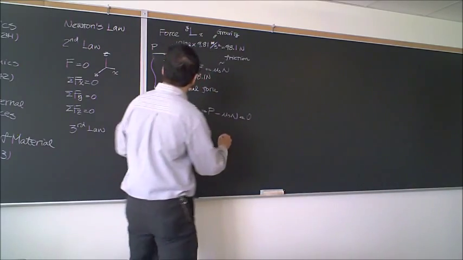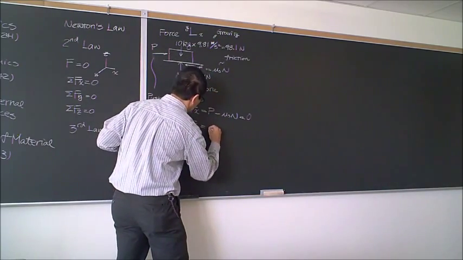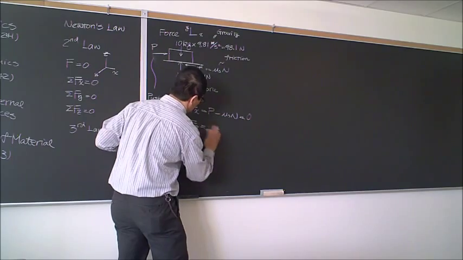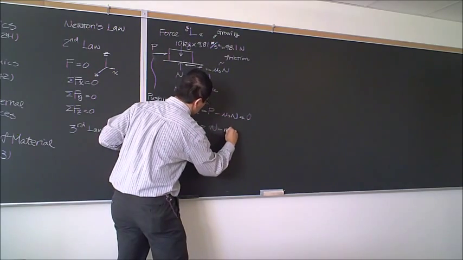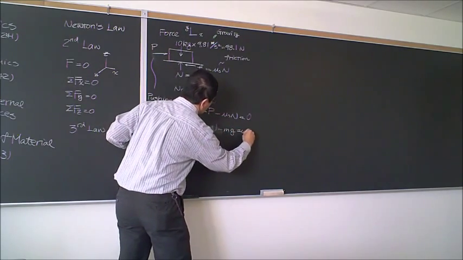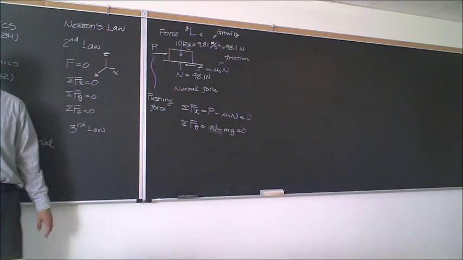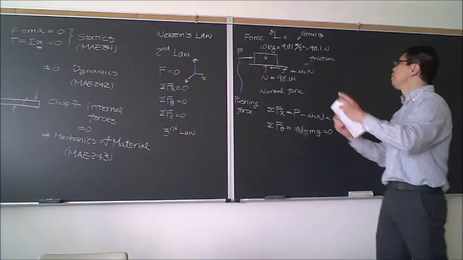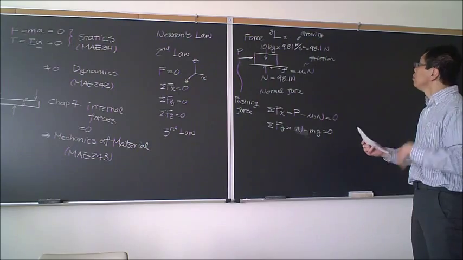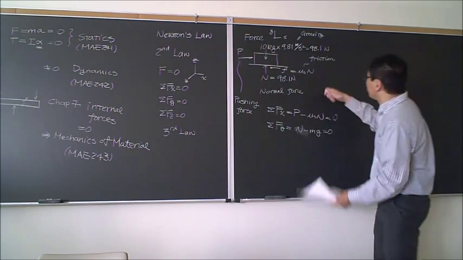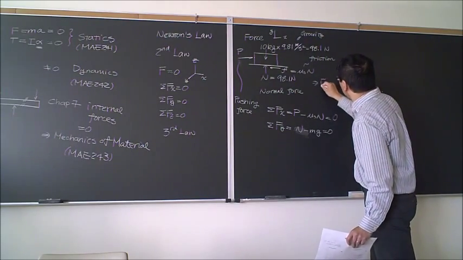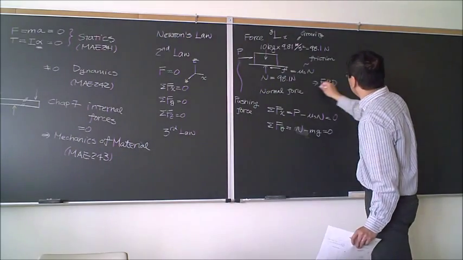Okay. And y over here is going to be N minus mg equals to 0. Okay. Oh, one other thing. This is something we call free body diagram.